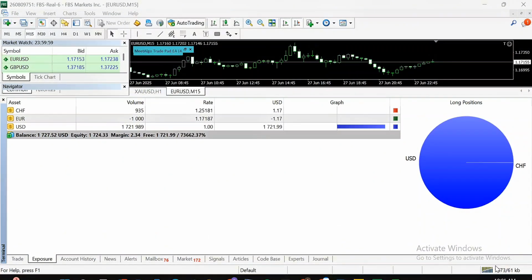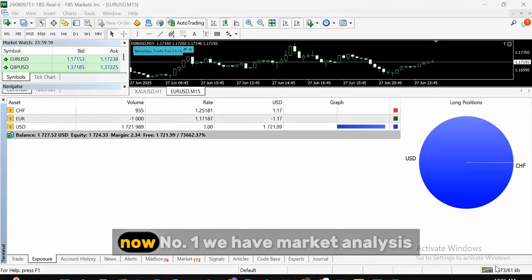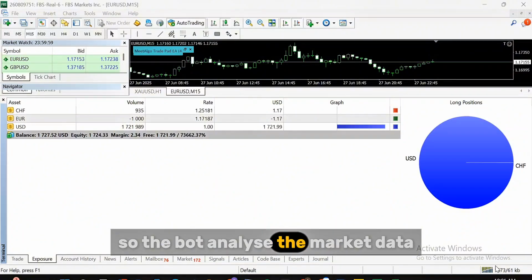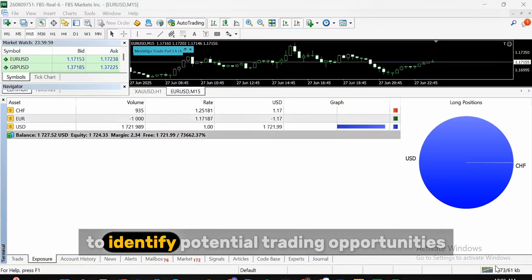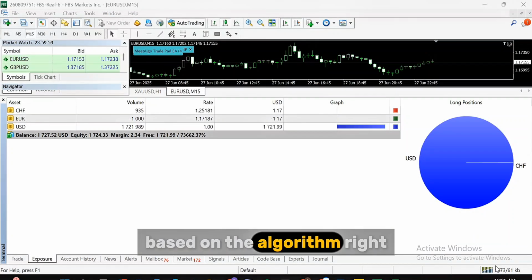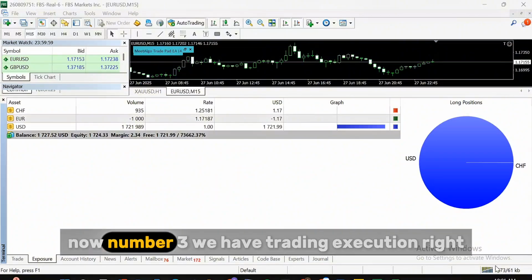All right, now, how does it work? A lot of people have been asking me this question. So how it works: number one, we have market analysis. The bot analyzes the market data to identify potential trading opportunities based on the algorithm, right? Now, number two, we have trading execution.